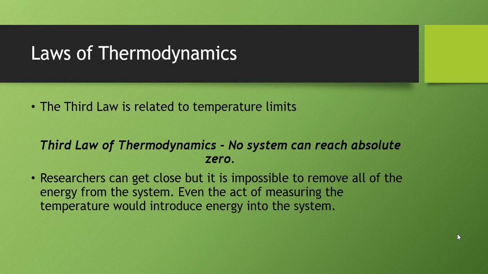If we wanted to measure it, even if we just looked at it, when you see something, the reason that you see it is because light bounces off of it and then hits your eye. So the act of actually viewing or observing something that we thought was at absolute zero would have to introduce some amount of energy into that system. When the light reflects off, it hits something, and when it hits it, it causes it to move.